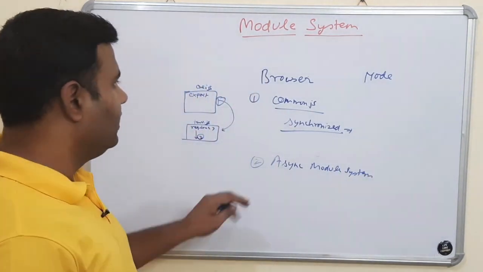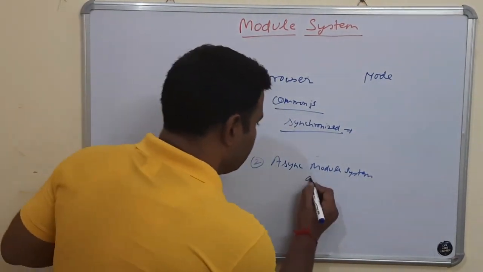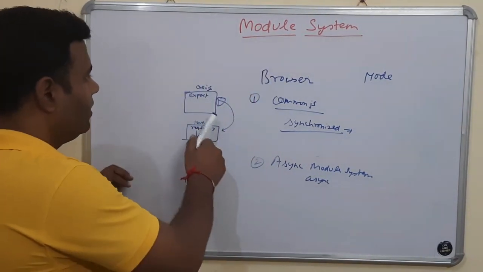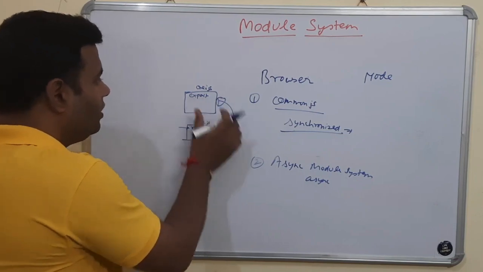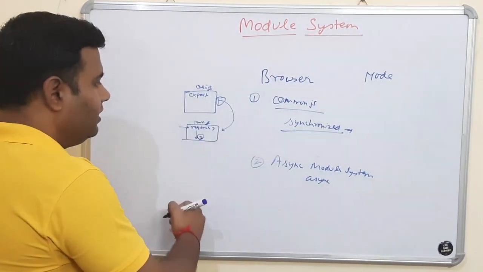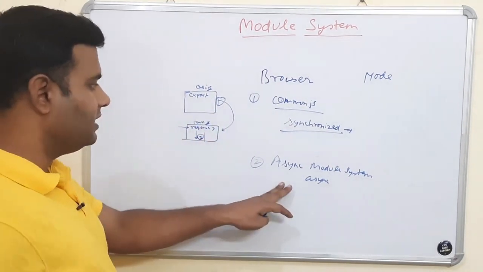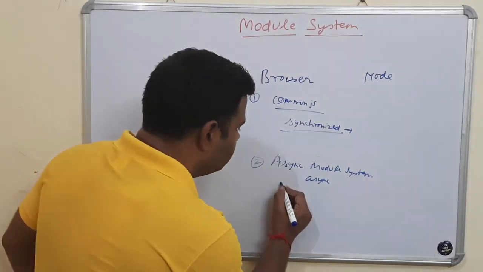In this, what I have explained is that it will not execute this statement right away and will not load it up front. It will be loaded later when it is required, and the execution will continue from this point. This is async. This used to run only in browsers.